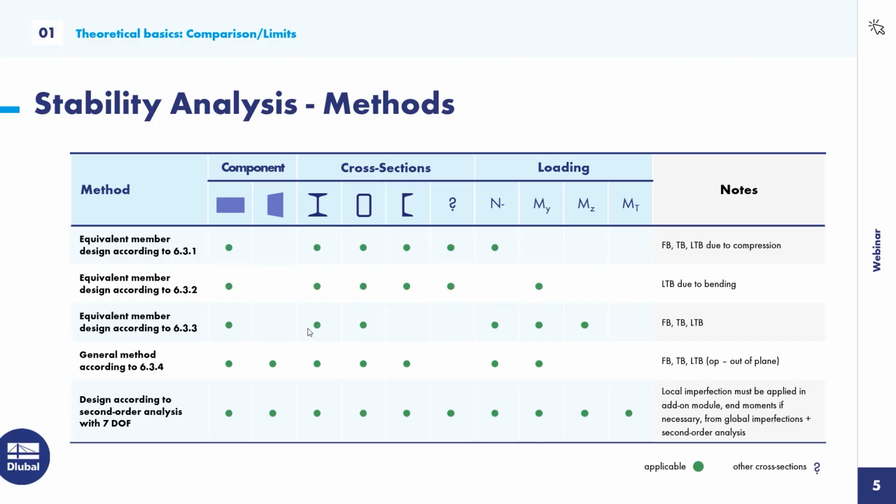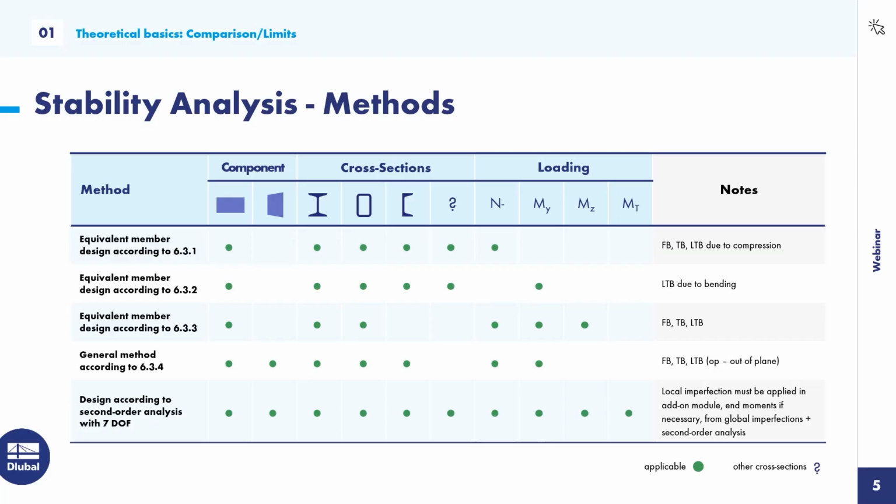This method is only valid for I sections and hollow sections, that means all double symmetric sections. You can see normal forces and moments about the strong and weak axis are possible. And then the different designs, flexural buckling, torsional buckling, and lateral torsional buckling will be done.